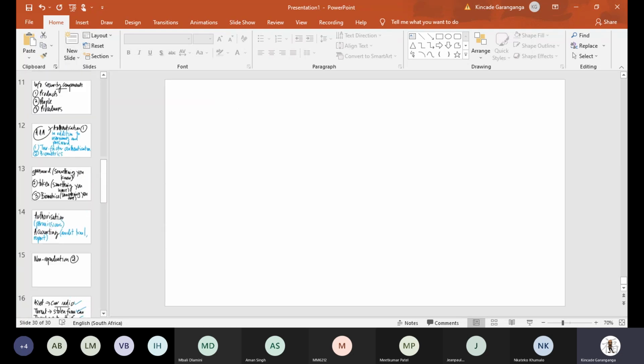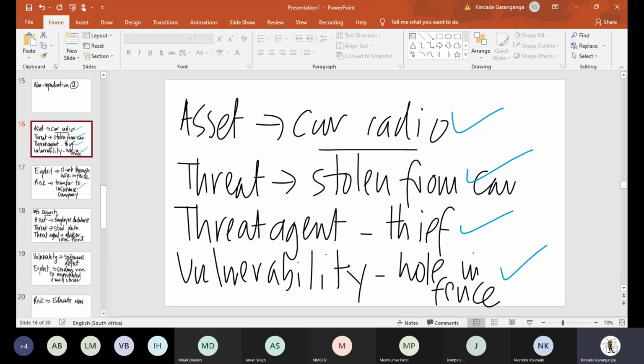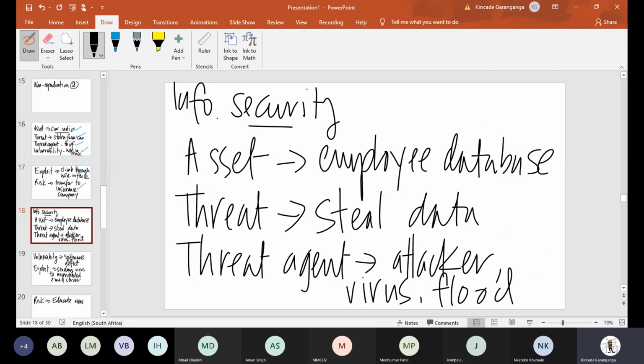First of all, like we were mentioning earlier on, if you're looking at it from a generic sense, you've got the car radio set up, but from an information security point of view, you've got the database as a typical environment of issue. You've got that database, and the data being stolen as a threat. What are you looking at? A hacker, someone attacking your environment.